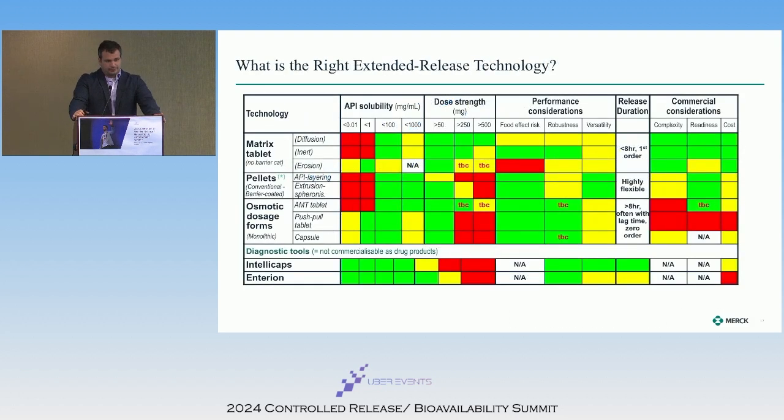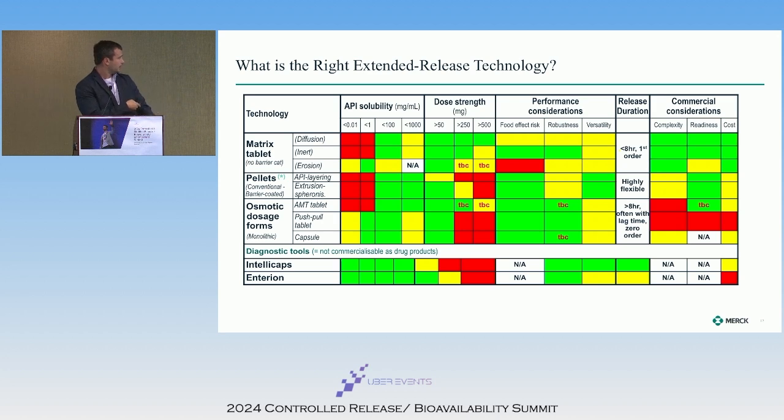So we talked about the API, and now what is the right technology here? So there's a lot going on here, but assuming you have a good candidate, you have three general classes. You have your matrix tablet, which I'll talk about in a minute.